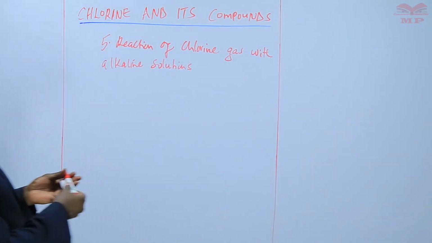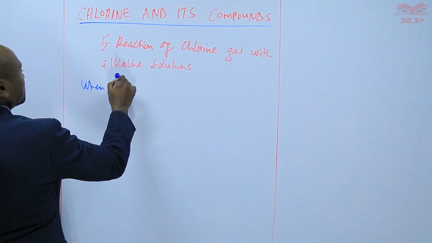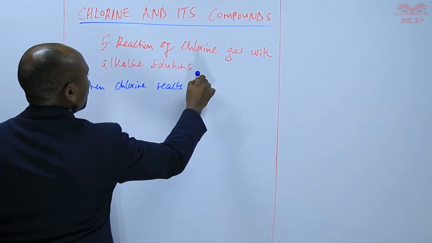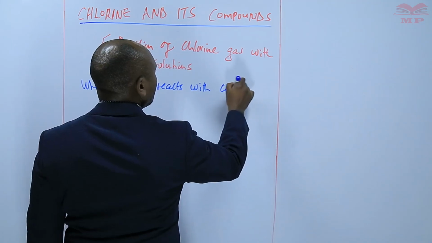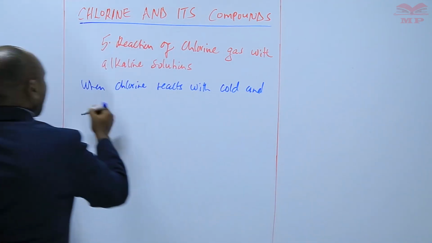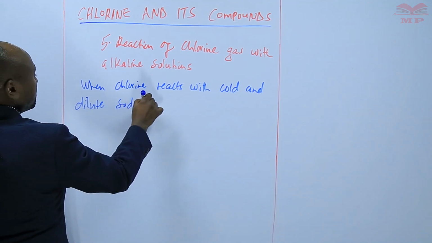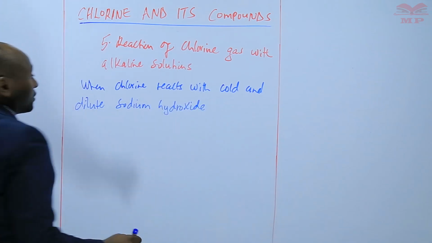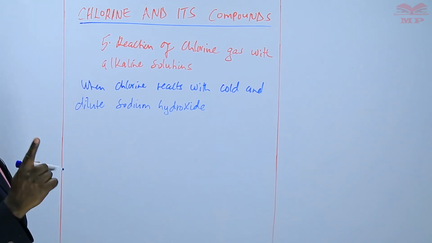So in this case, I will say that when chlorine reacts with cold and dilute sodium hydroxide, we form two salts.